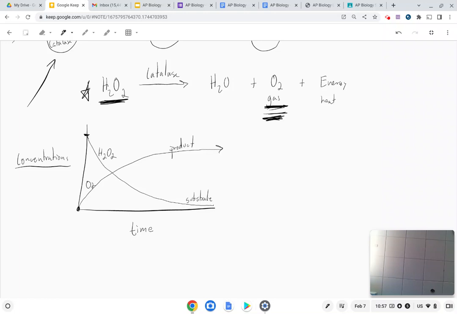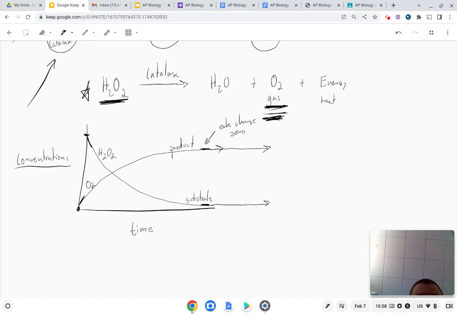So notice, students, that the rate of change in the concentration is the steepest at the beginning, and it's the least steep at the end. In fact, the rate of change is zero at the end. It's no longer changing, it's just leveled off.